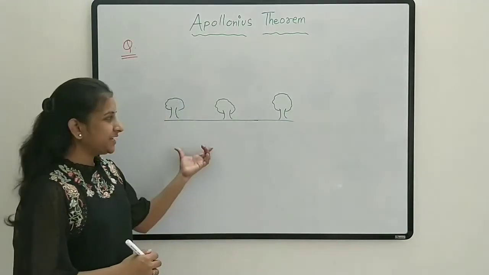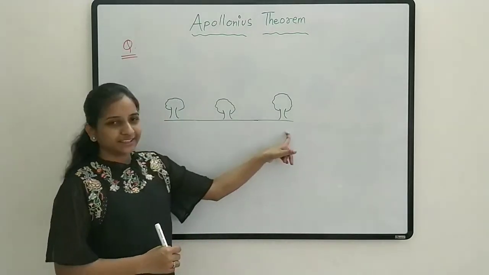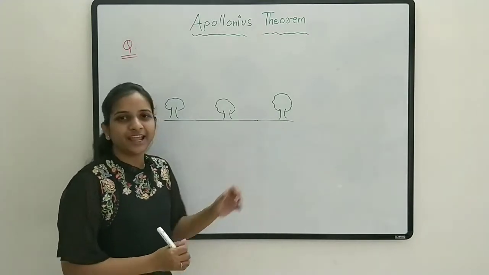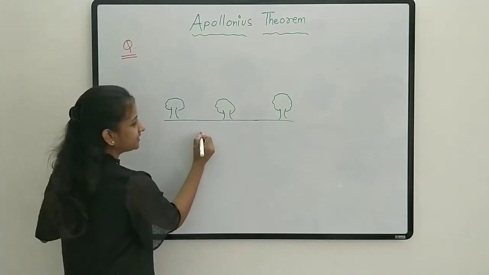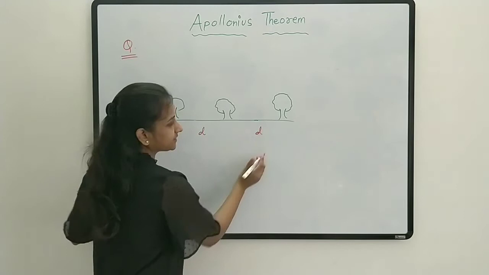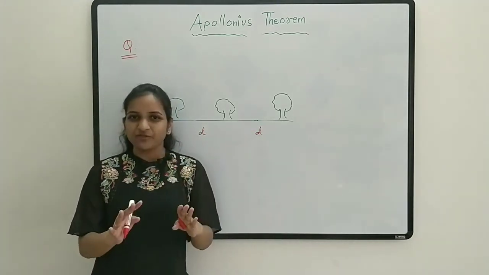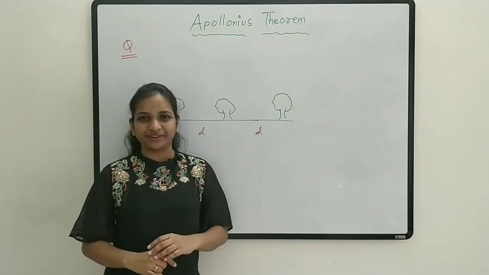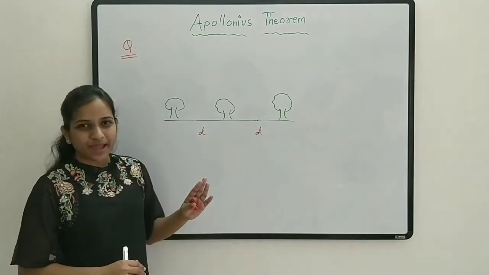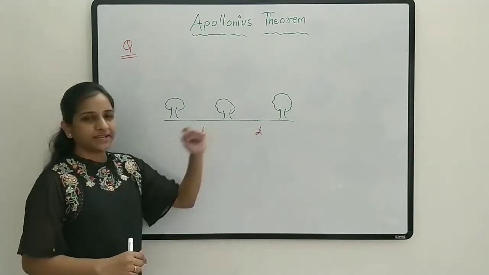Now let's solve one interesting problem. Consider that there are 3 trees in a straight line and they are equidistant. This distance is equal to this distance, and to water these trees there is one water source. Position of it we don't know, and there are 3 pipes connected to the water source and these 3 plants.